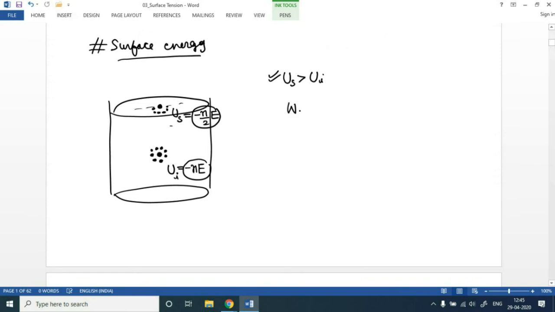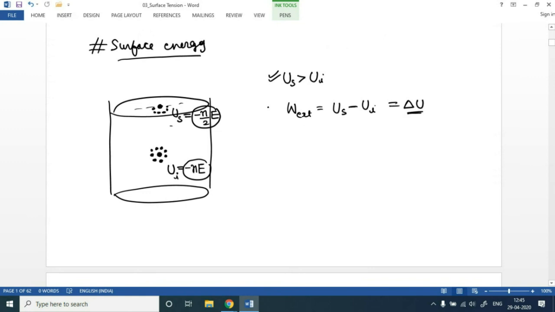So W external, in order to bring any molecule from the volume to the surface, is going to be nothing but U_s minus U_i. That will be stored, and that would be delta U. That difference will be stored in the form of change in potential energy for the surface molecules. So this is the idea.